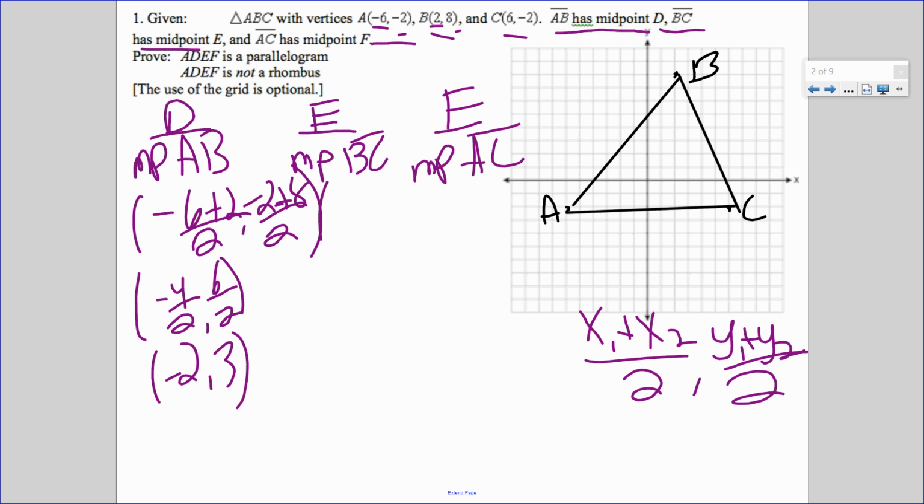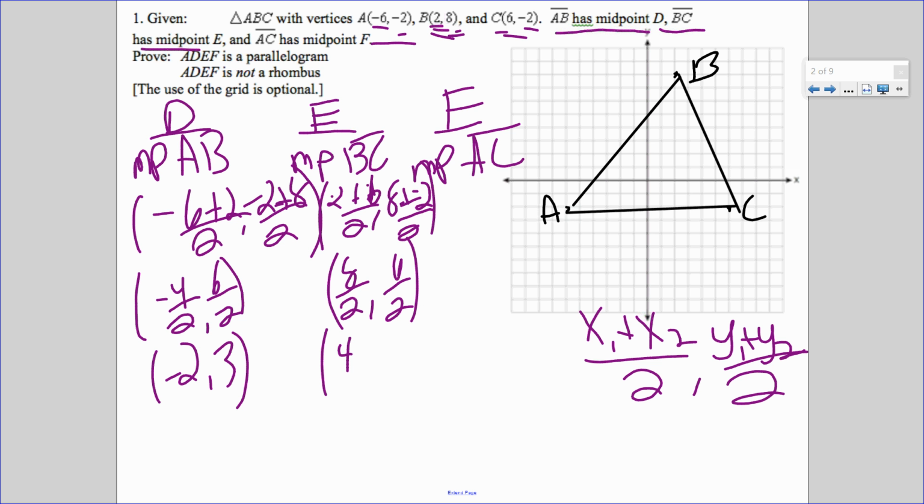For BC, 2 and 6, and my y's 8 and -2. That's 8 over 2, 6 over 2. That is 4, comma 3.